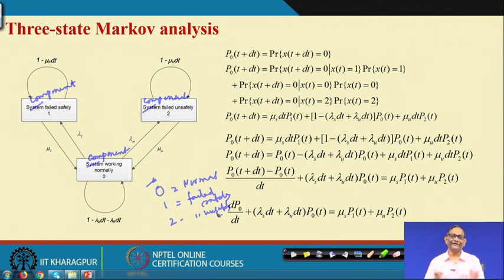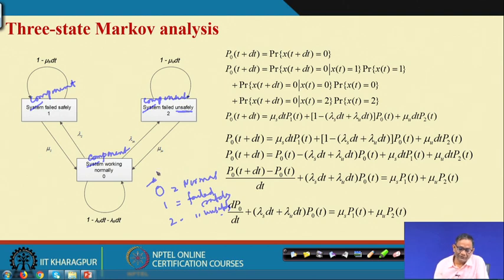The component may be fail safe. So, it fails, but it will not create any problem to the neighboring component or the system as a whole. But if it fails and ultimately it leads to loss apart from the component loss itself, or it will create problem to the neighboring component or the system as a whole, then we are saying that it is failed unsafely.